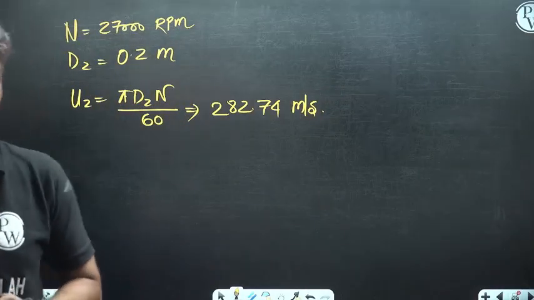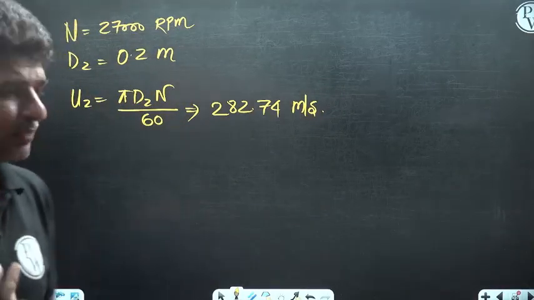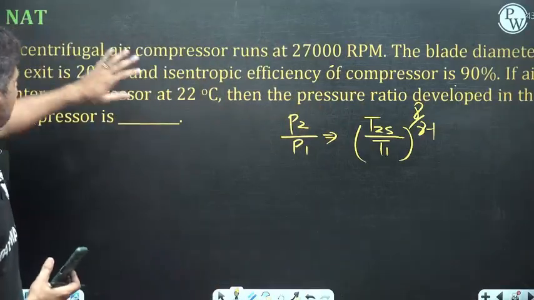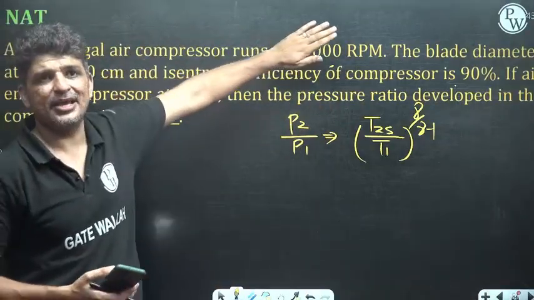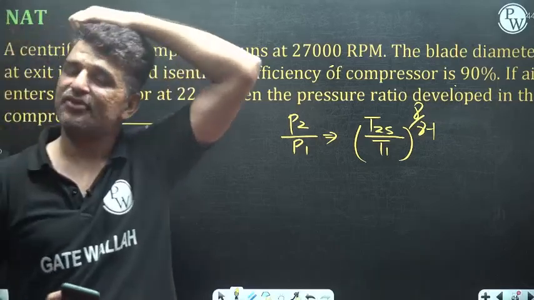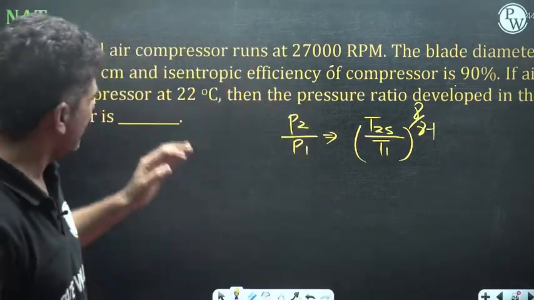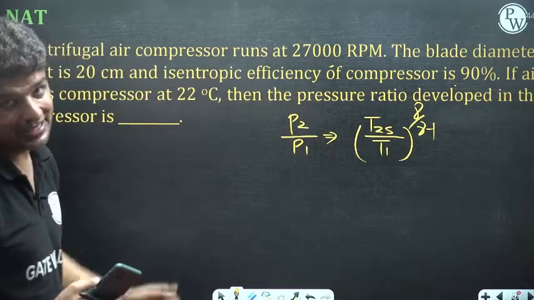Now this is your velocity U2. He has not given you anything else. He says it's a centrifugal air compressor only, so we will assume the flow has to be radial at inlet.